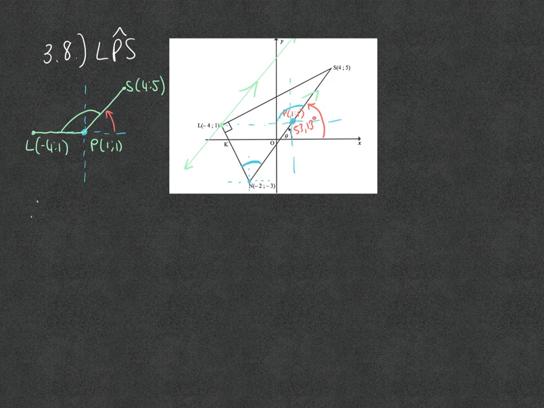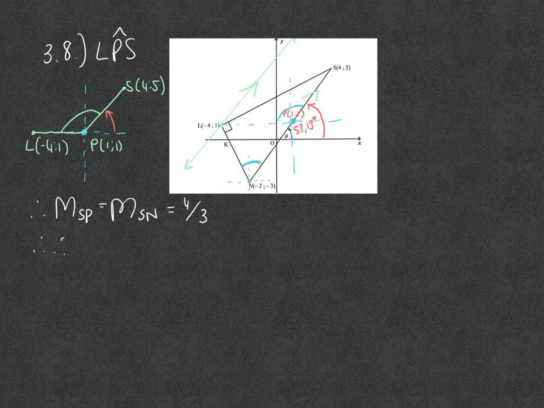The fact that SP is on SN means the gradient of SP is the same as the gradient of SN. If you didn't pick that up, it's easy to just work out the gradient of SP, but the gradient there is 4 over 3.